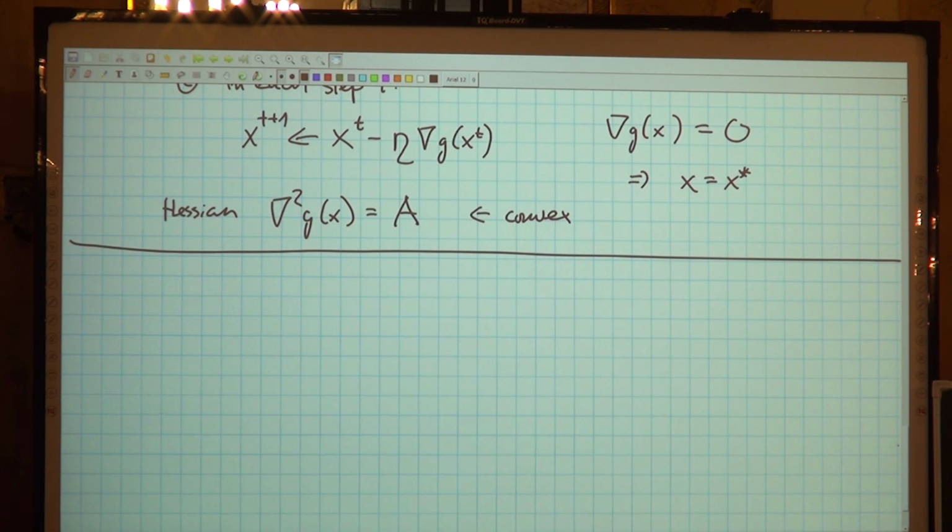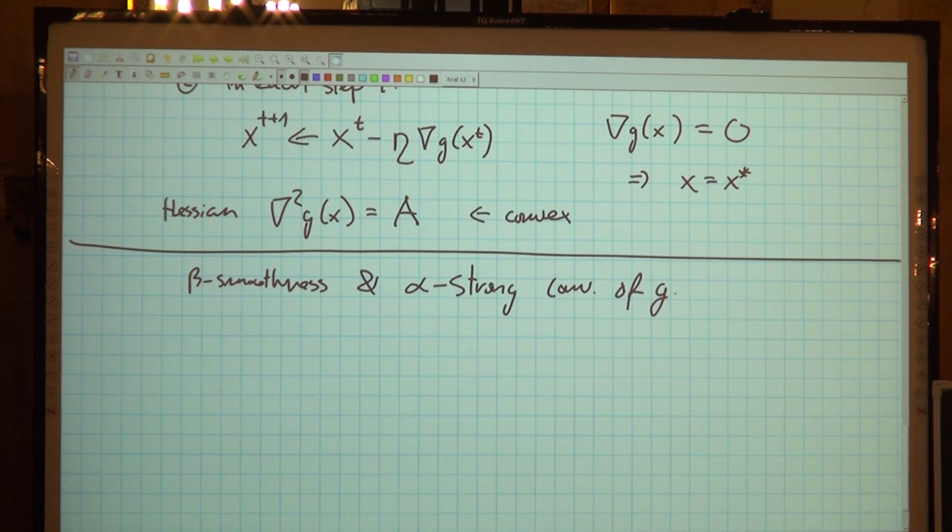Okay, and for that we already know from the last lecture. Again, all these things build on top of each other. We know from the last lecture that all we really need to do to figure it out is to understand the beta smoothness and alpha strong convexity of g.